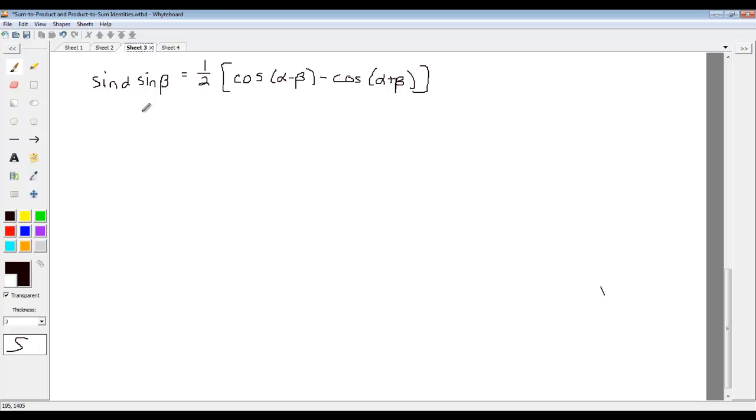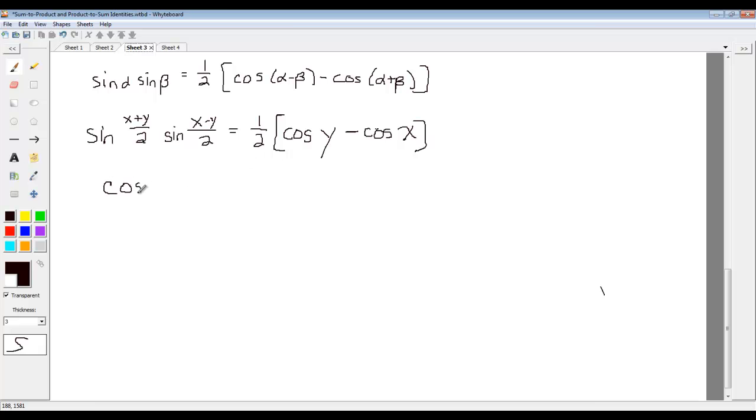We need to make our substitution again. So we have sine of (x plus y)/2 sine of (x minus y)/2 equals 1/2 cosine. Well, if you're taking these two and subtracting them, you're going to get cosine y minus cosine x. Multiply both sides by 2.